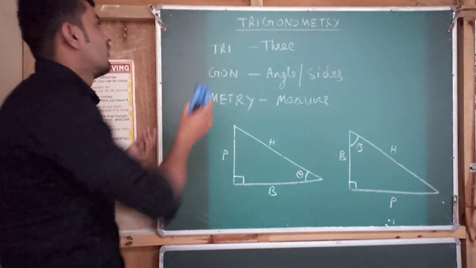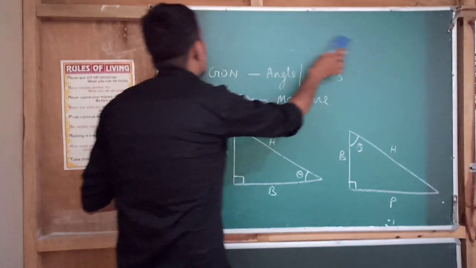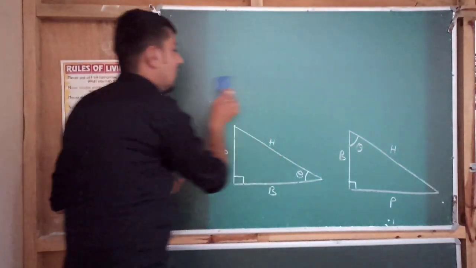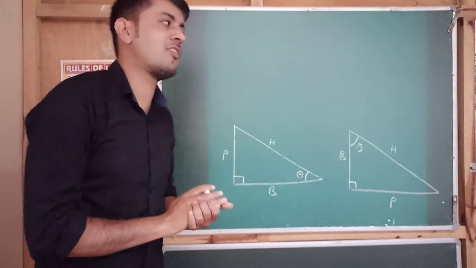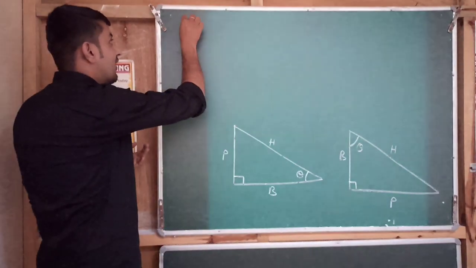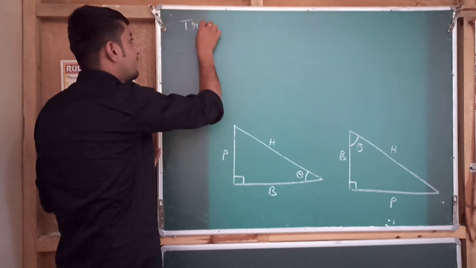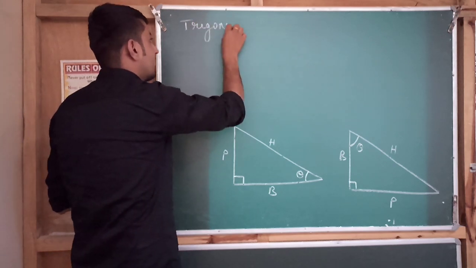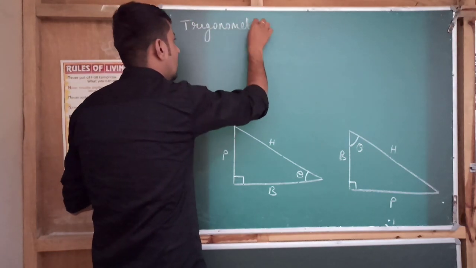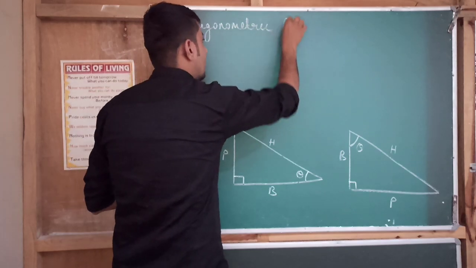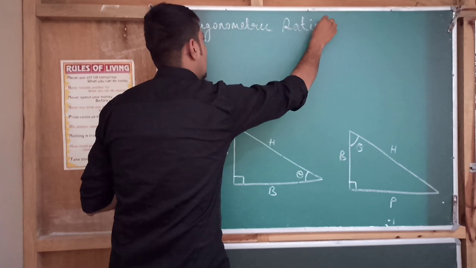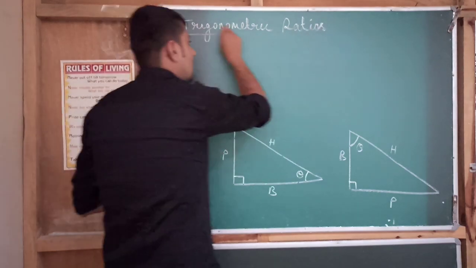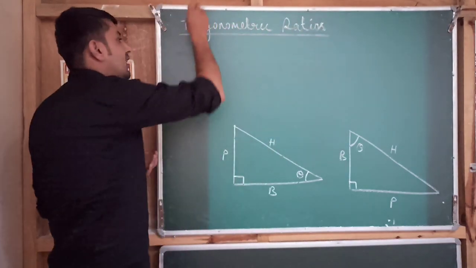That means we'll be discussing the trigonometric ratios. What are the trigonometric ratios? There are 6 trigonometric ratios.